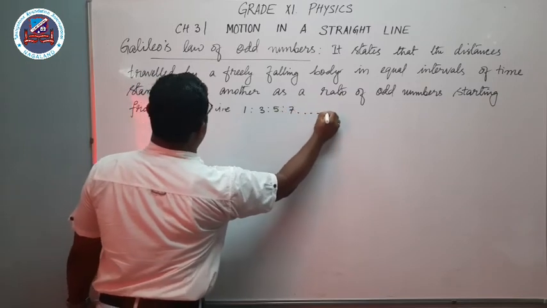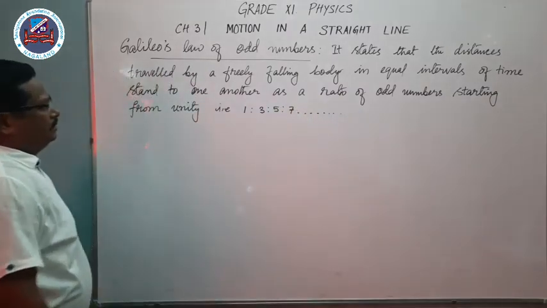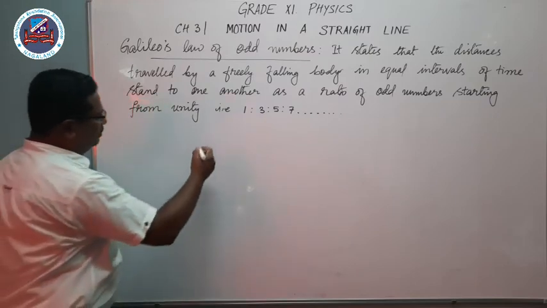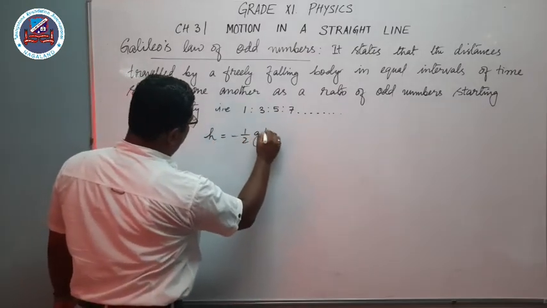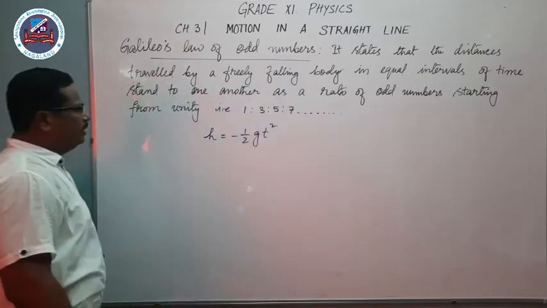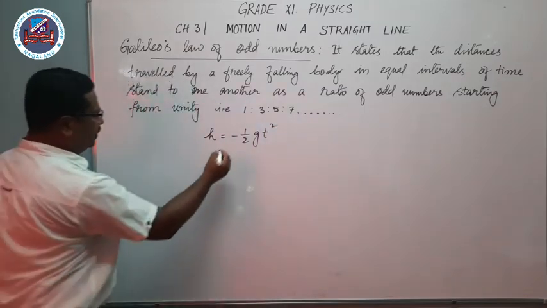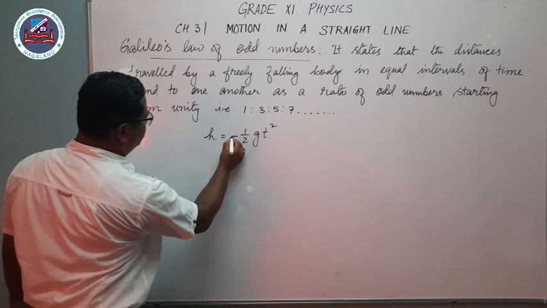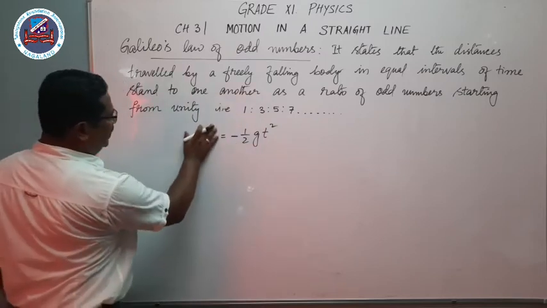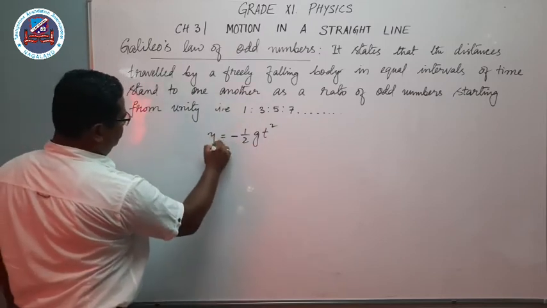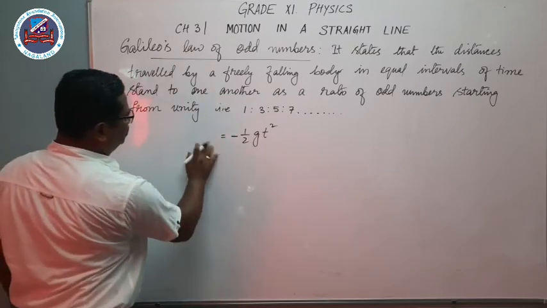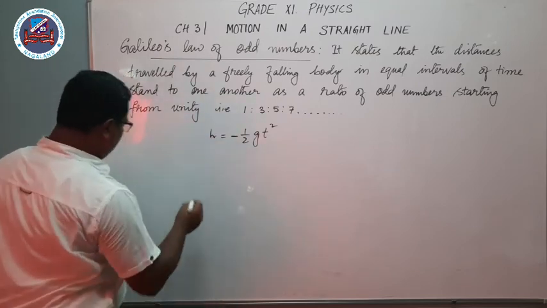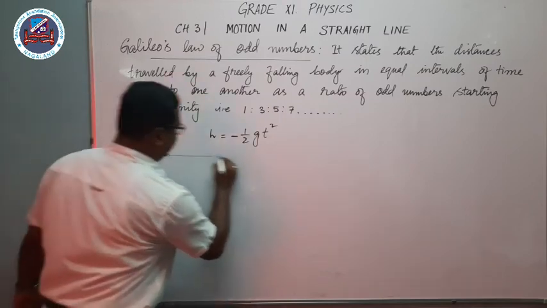7 and so on. So we know that the distance traveled by a body, h, is equal to minus half of gt square for a body falling freely under the action of gravity. This is our formula. This displacement, if I take it as y, you can take it as h also, not a problem. Then I draw a table here.